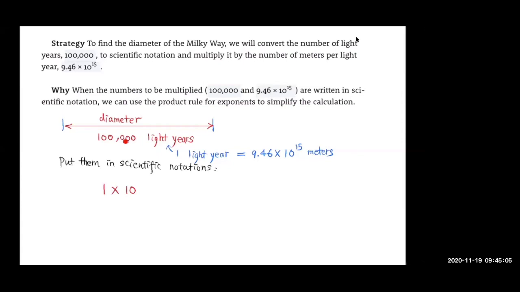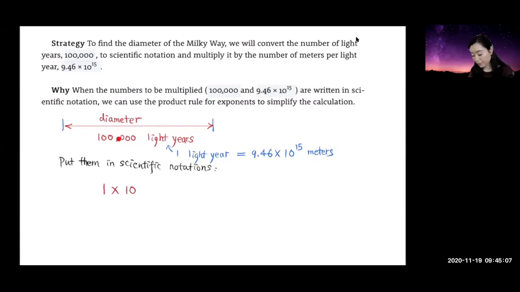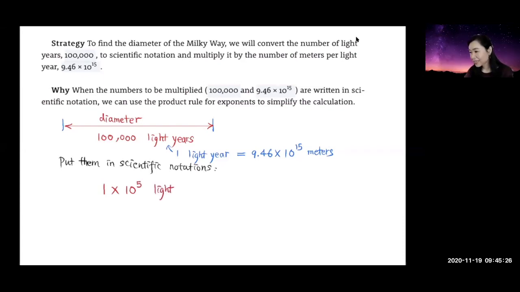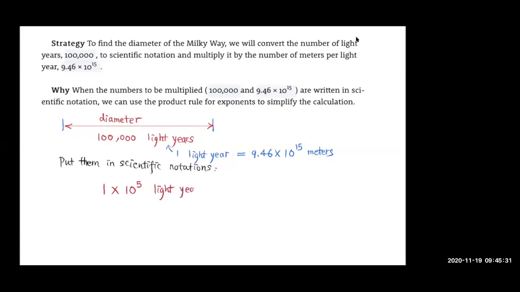Fifth, right? You move the decimal point 5 places from here all the way to here. So 10 to the 5th. The unit over here is light year.